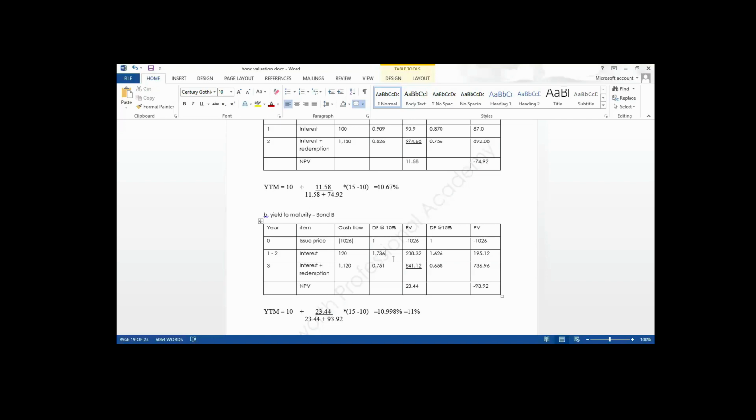We can take 10 and 15 just to save time, since we understand what we're supposed to do. For 10%, year 0 is 1. Annuity factor 10% year 2.